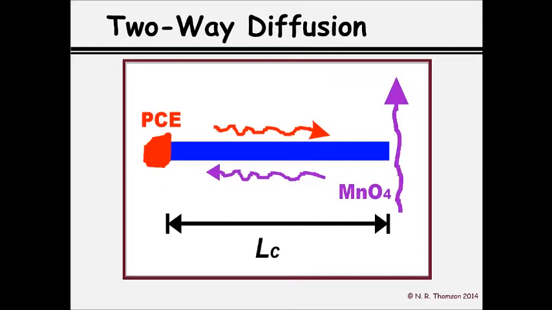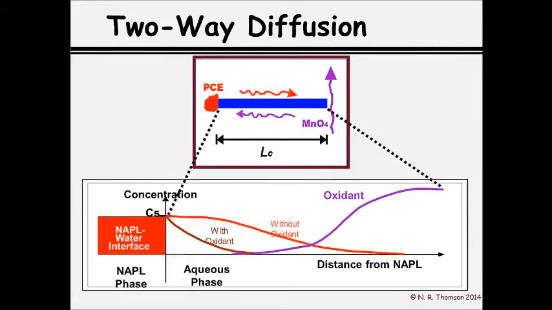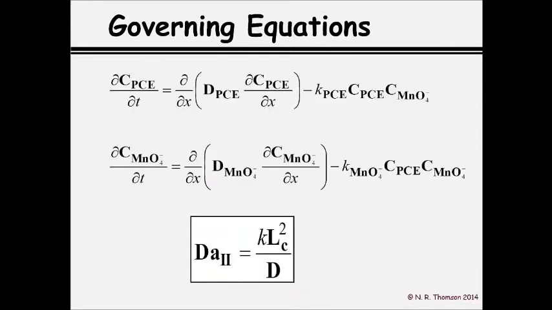That's called a two-way diffusion profile, which is very similar to the profile that I showed before for enhanced mass transfer to occur. You could write down the math of that. The process is not very hard to describe and is controlled by the type 2 Damköhler number, the ratio of the reaction rate over the diffusion properties.